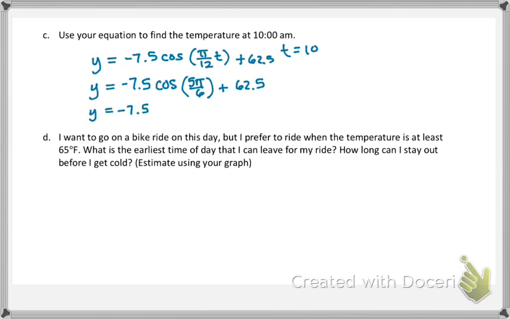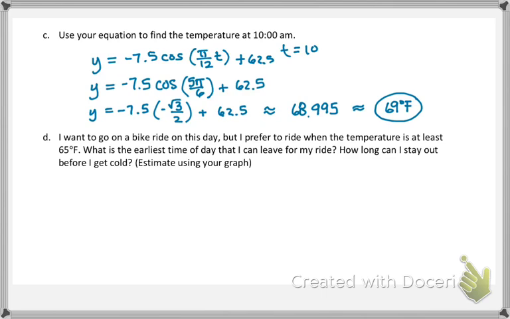And the cosine, which is x, would be radical 3 over 2, again, and it's negative. Negative radical 3 over 2, plus 62.5. Okay, and putting that into your calculator gives you 68.995, which is about 69 degrees. So about 69 degrees at 10 o'clock in the morning.